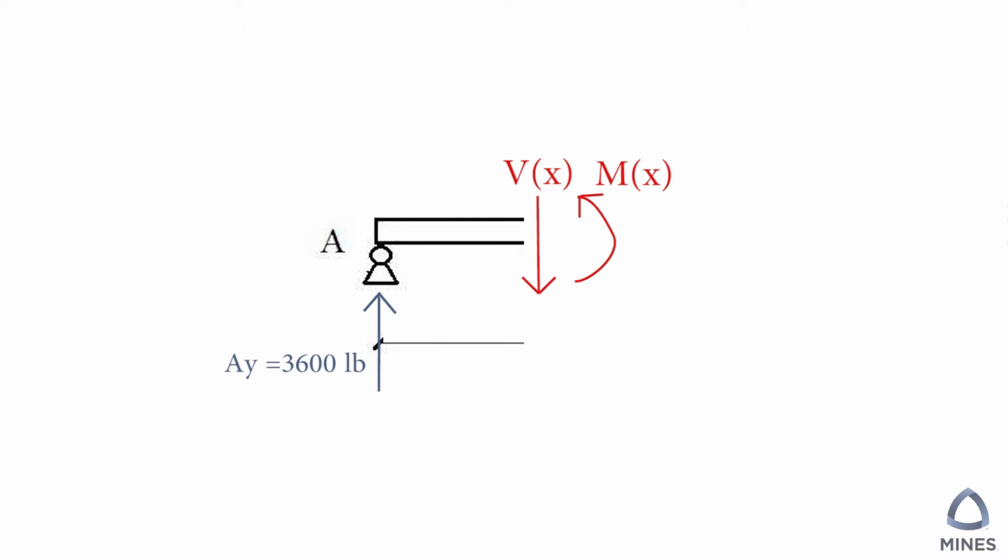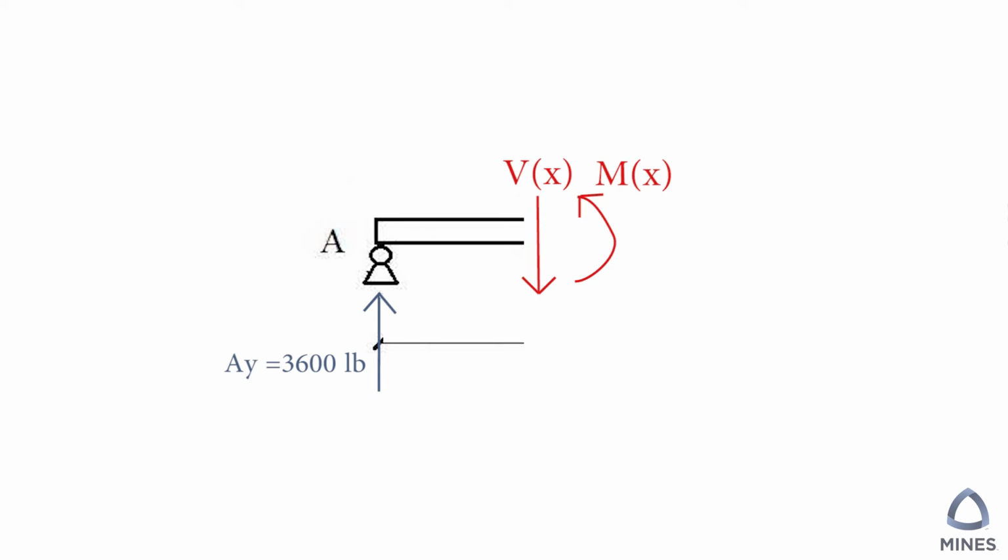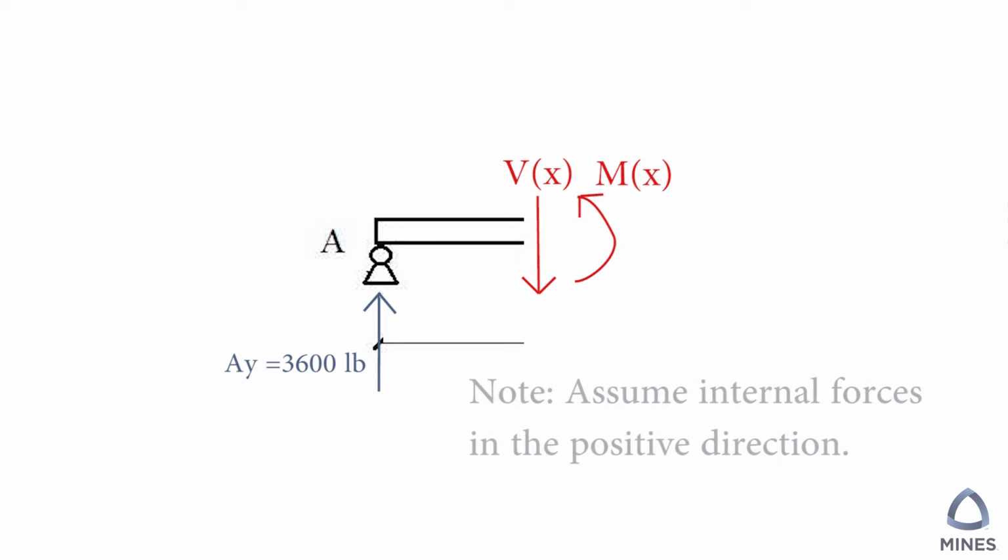Because it's cut at an unknown distance between A and B, we use X to represent that the shear function is going to change with your cutting location. And then we are going to have a bending moment. Always remember, we draw the internal forces in the positive direction for now. So you can see we include all the forces.